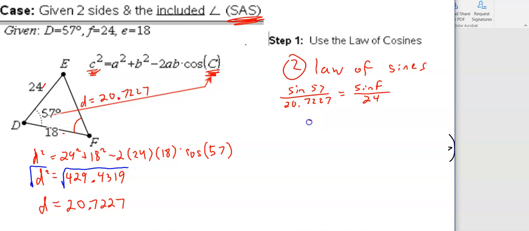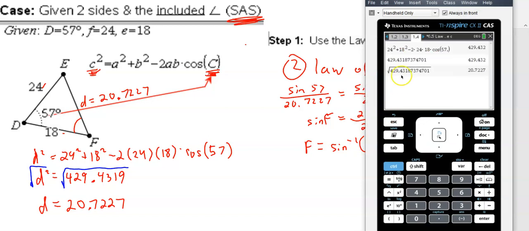I'm going to solve that for sine of F. So sine of F is going to equal 24 times sine of 57 all over 20.7227. And then you're going to take the inverse sine of that side. So F is going to equal the inverse sine of whatever that number is, basically. So let's type that in, see what we get.